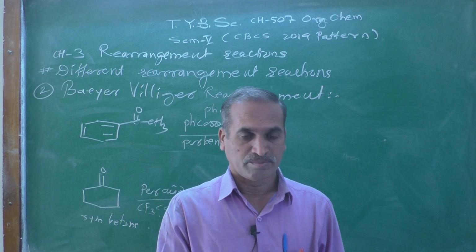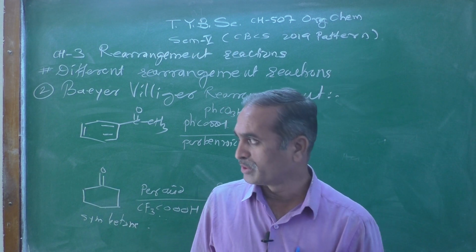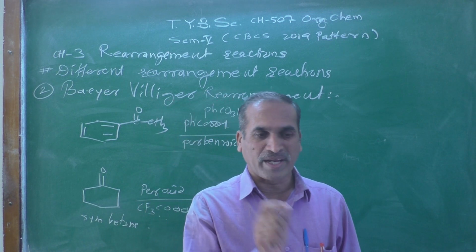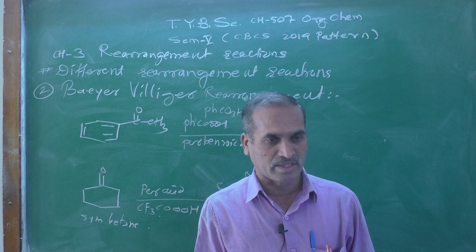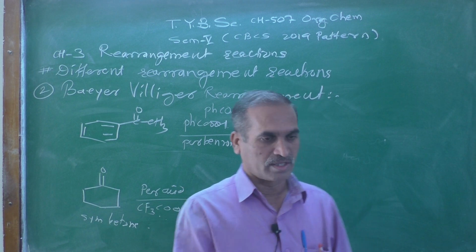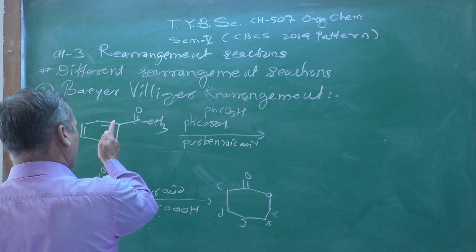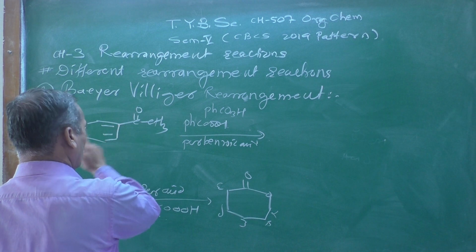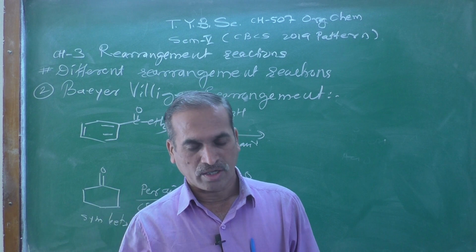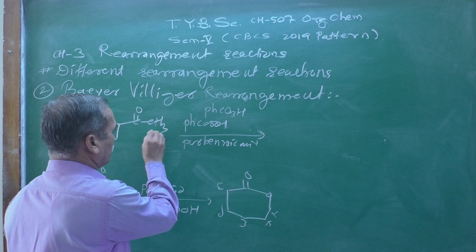But if you have an unsymmetrical ketone, then another factor plays an important role here: where to insert that oxygen, either toward the phenyl group or toward the methyl group.